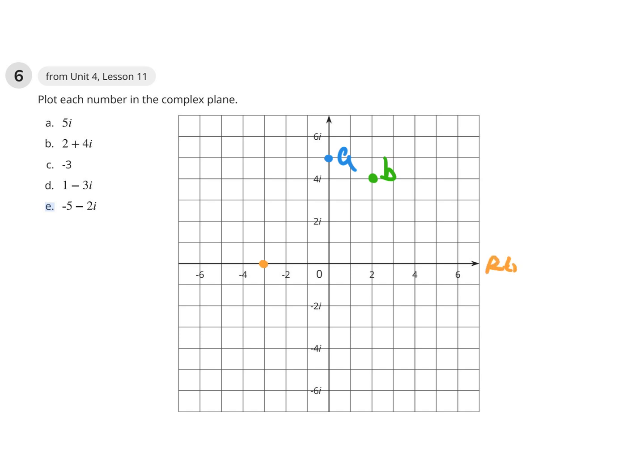This is real, and this is imaginary. This is the complex plane where you only have the real and imaginary numbers. D, 1 minus 3i. Go over 1, go down 3. This is D. And then E, finally. Go back 5, go down 2. So E is right there.